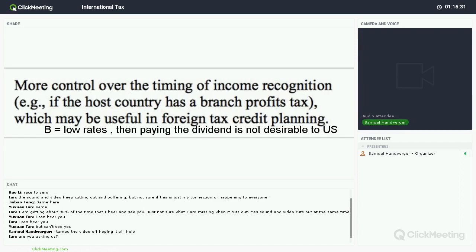The United States shareholders don't pay tax until the dividend is paid. So by most estimates, it's getting close to $3 trillion that's sitting overseas in foreign companies that are really owned by U.S. companies here, but since they're foreign corporations, they're not paying tax in the U.S. until the dividends are paid.